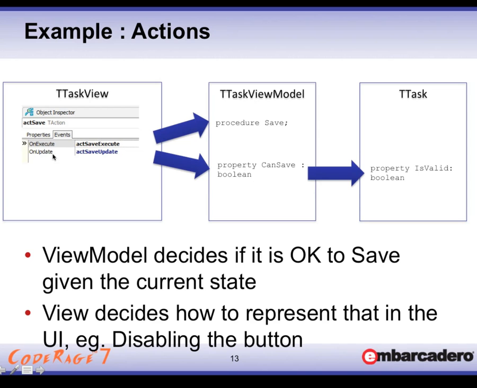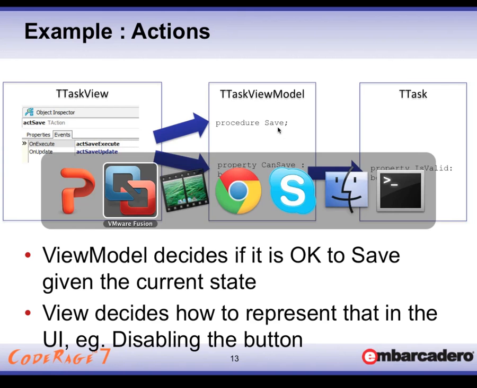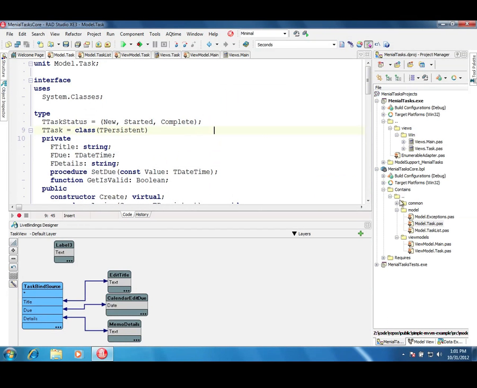As you would know from an action list, you typically have an onExecute and an onUpdate event for each action, and the onExecute is really simple. My onExecute event simply calls the save method of my view model. Super simple. Let's jump across quickly and have a look at that.